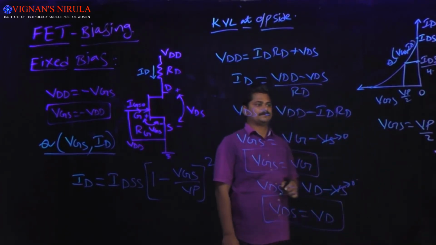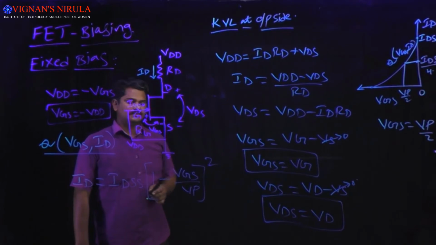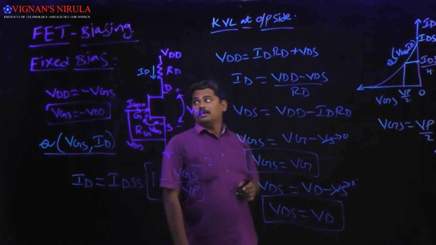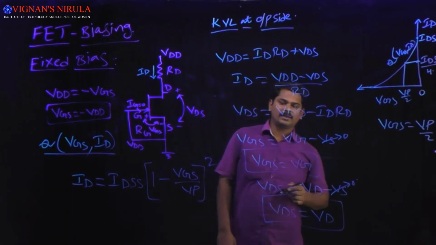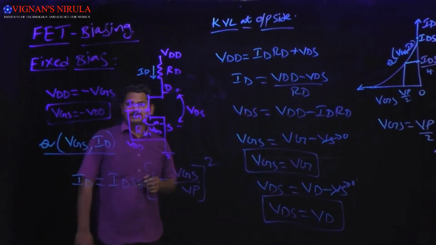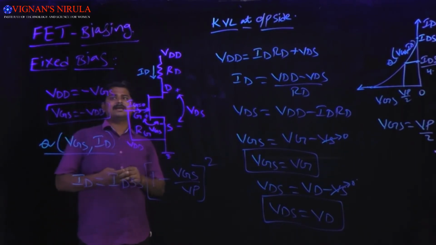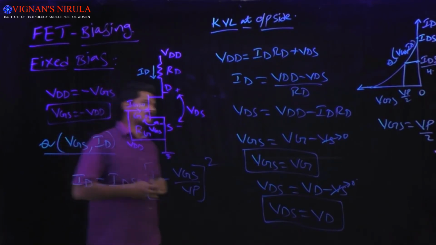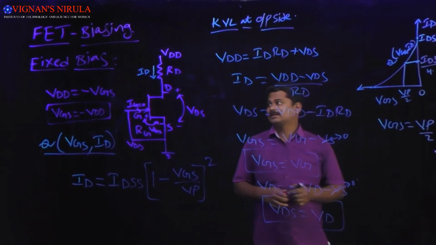Okay students, now we will see the characteristics of the self bias. Before starting the self bias, we have to remember a few points, because here the Q point is not stable when we compare with the other biasing techniques.